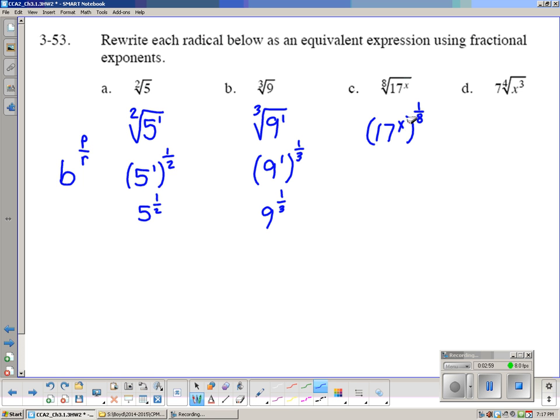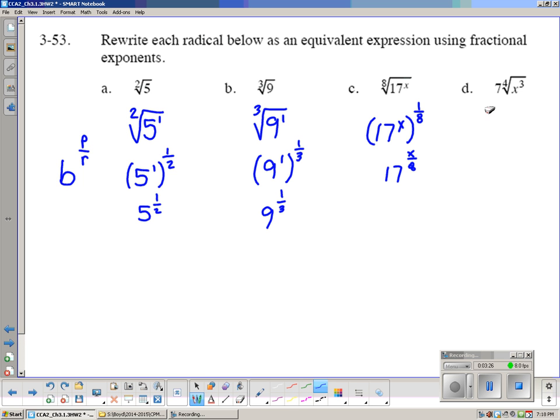If we take our properties of exponents and multiply these two powers together, we end up with 17 to the x over 8th power. So we have an x for our numerator, 8 for our denominator. I know it's a little messy there.